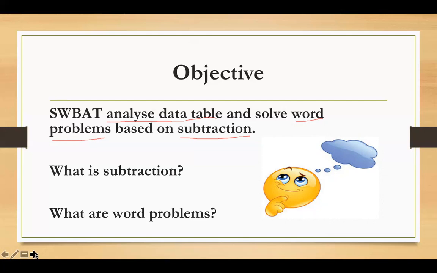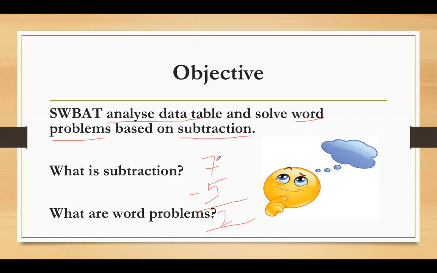So subtraction means taking out something, or taking out one number from another number. For example, here is 7. If someone says subtract 5 out of 7, then what we are basically doing is taking 5 out from 7. So 7 minus 5 is 2.